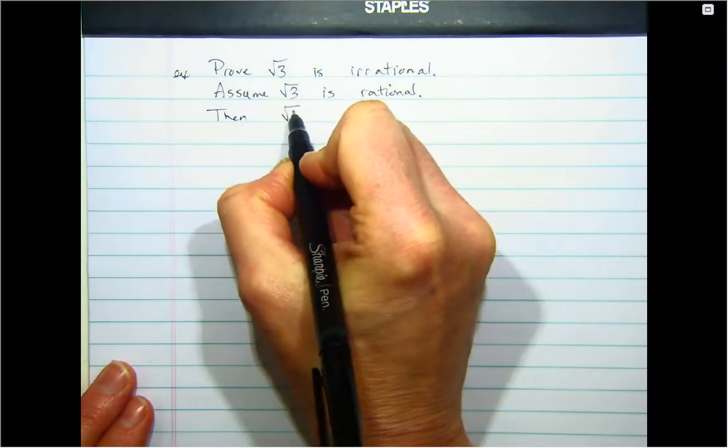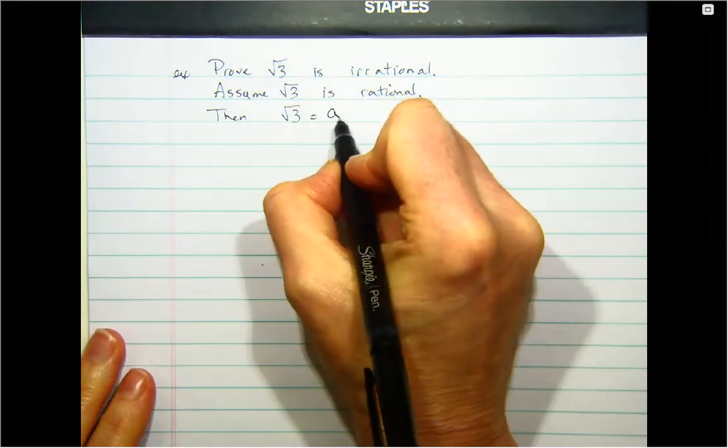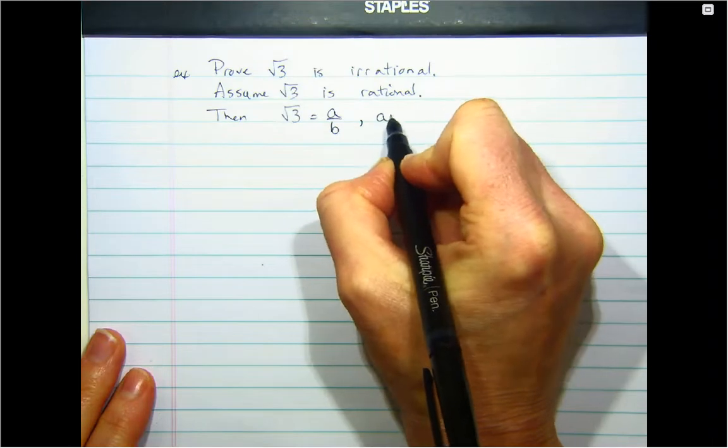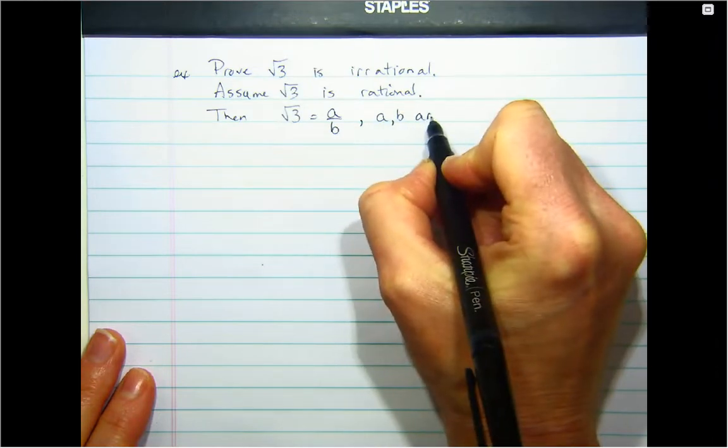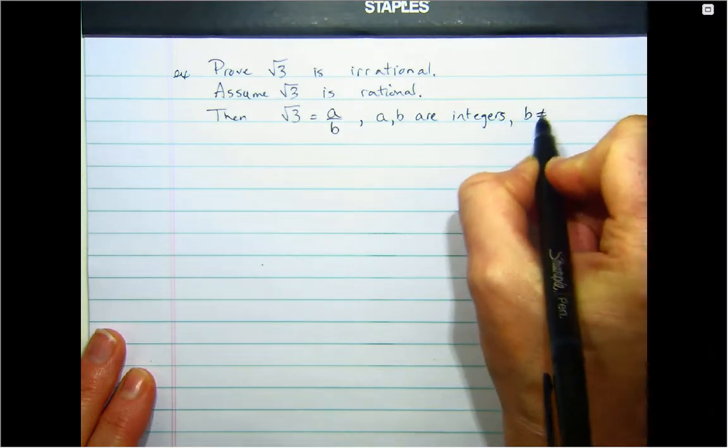Then, what does that mean? To be rational means that you can write it as a fraction. So then the square root of 3 equals a divided by b, where a and b are integers, and b is not 0.